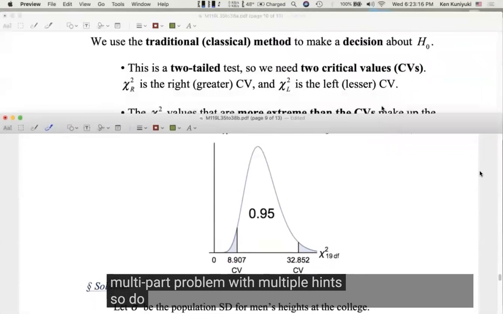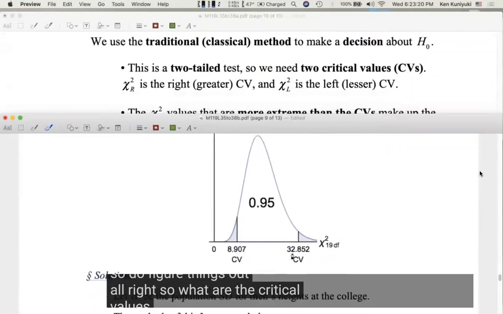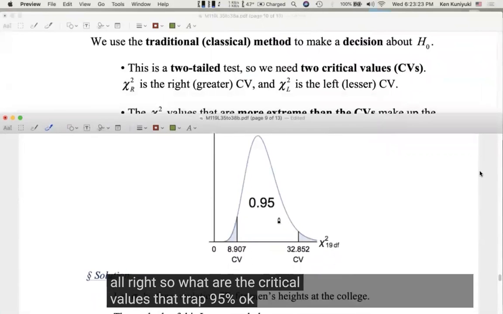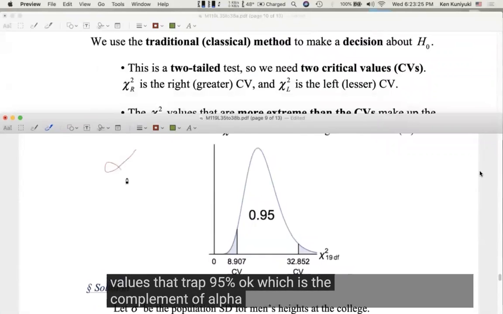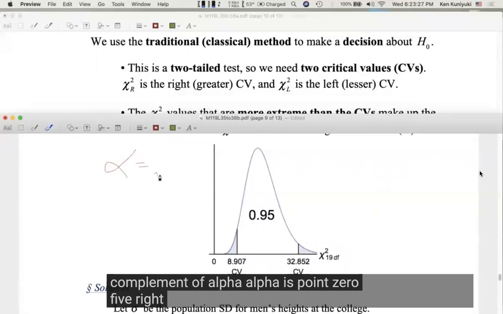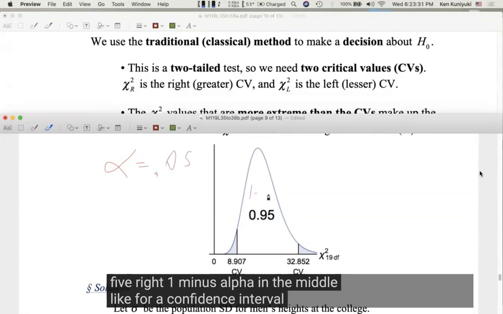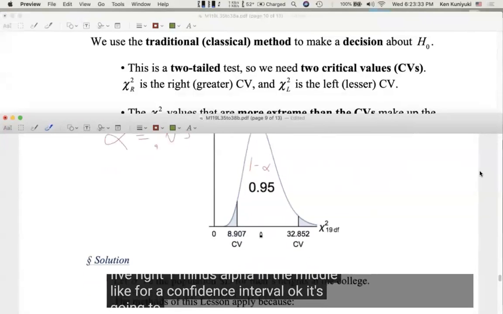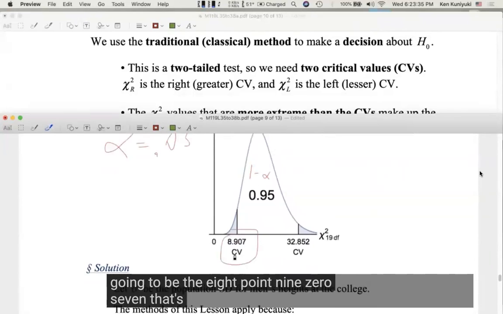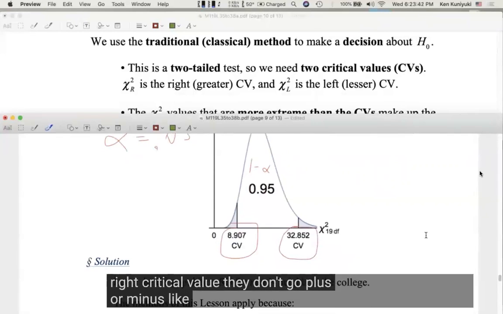What are the critical values that trap 95%, the complement of alpha, in the middle, like for a confidence interval? It's 8.907, the left critical value, and 32.852, the right critical value. They don't go plus or minus like they did for T or Z.